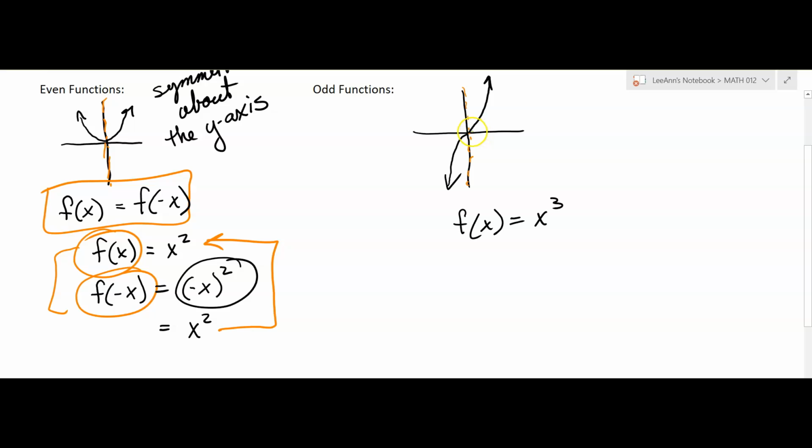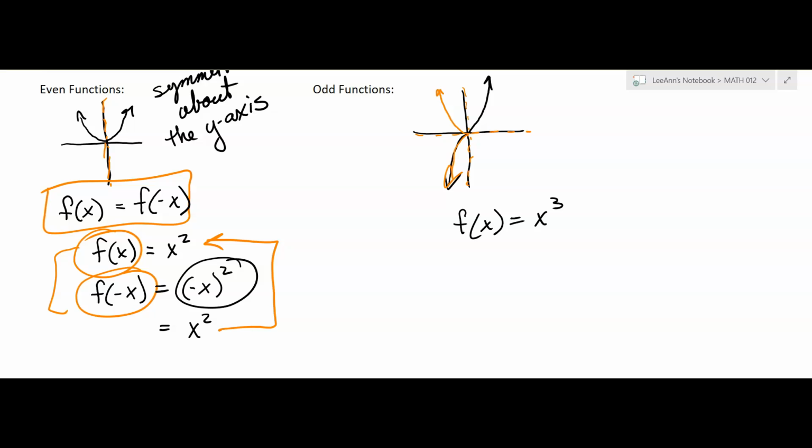So that would put those points over here, but then you're folding it about the x-axis as well, and then those points would come down here and line up. So if you do two folds, on the y-axis and the x-axis, the points on the right are going to match up with the points on the left.